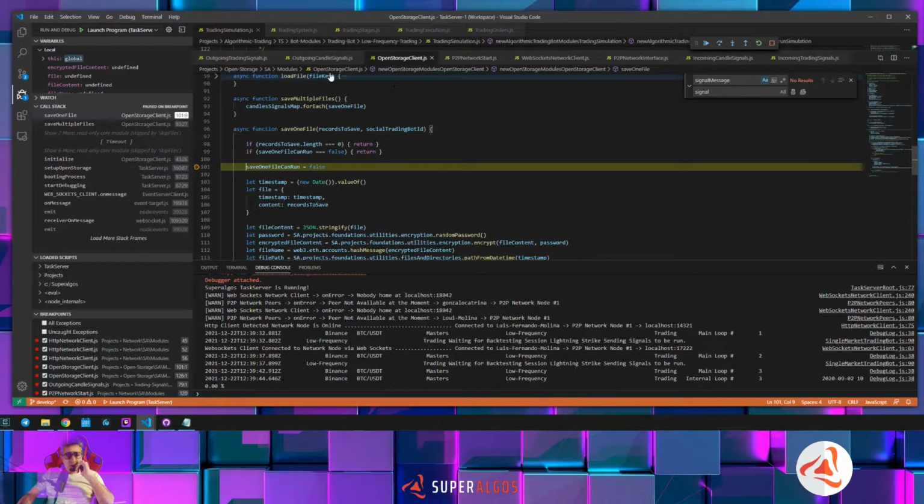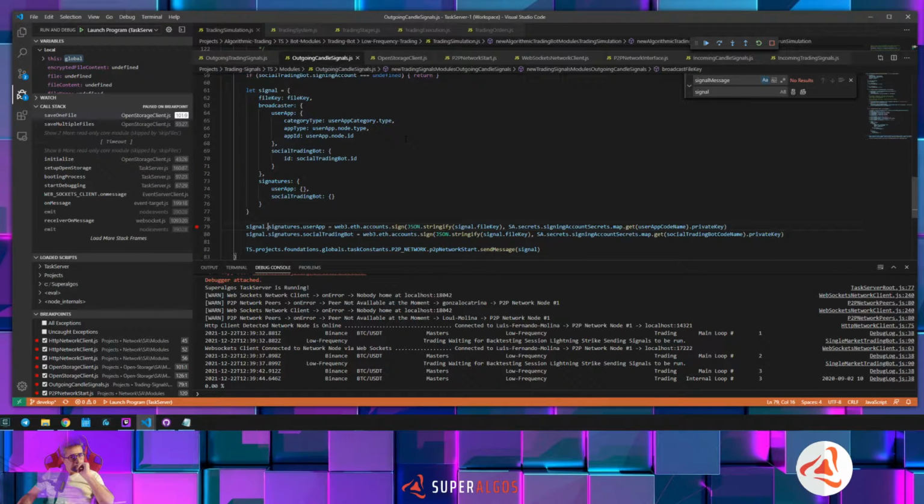Hold on, we were on outgoing candle signal. Somehow it seems that this sign operation is asynchronic. Maybe I should await this.